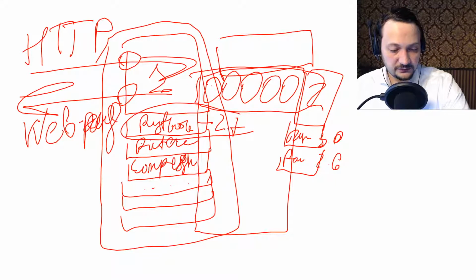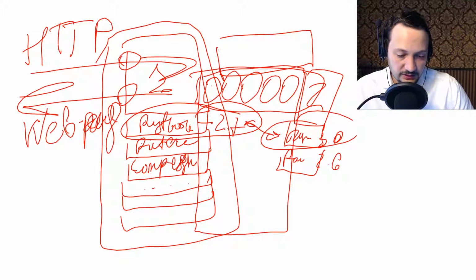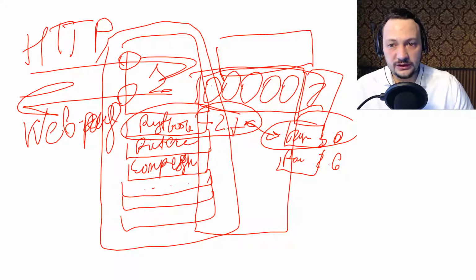This Python 2.7 and this Python 3.0 might not be able to work with each other, with some specific libraries inside them. So what can we do? We have a big machine with a lot of cores and a lot of memory. But if we would like to install more than one server on this machine, we would have a big headache.